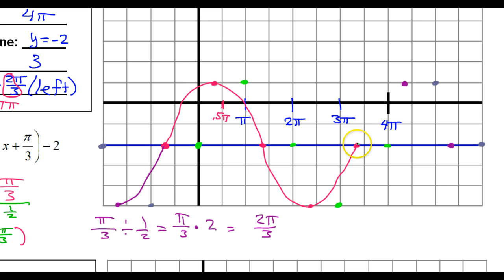So I can continue the graph this way. You can see the pink part here is our original 1 period, but I would like you to graph as much as will fit. So I got this little extra part on the end. That way you're showing me that you understand how this is really working.